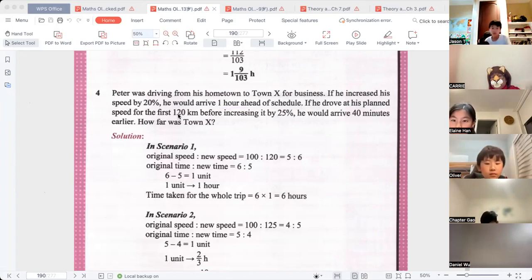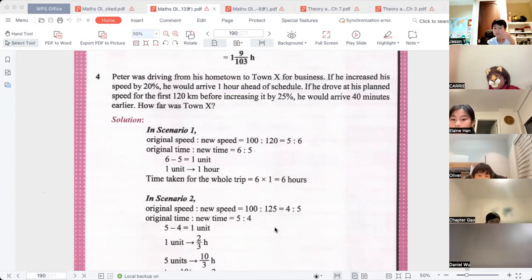Original speed is 100%, and the faster speed is increasing by 25%. 是不是就是100% to 125%? Am I right, everybody? If you simplify it, it will be 4 to 5. If the speed is 4 to 5, then the time will be 5 to 4.